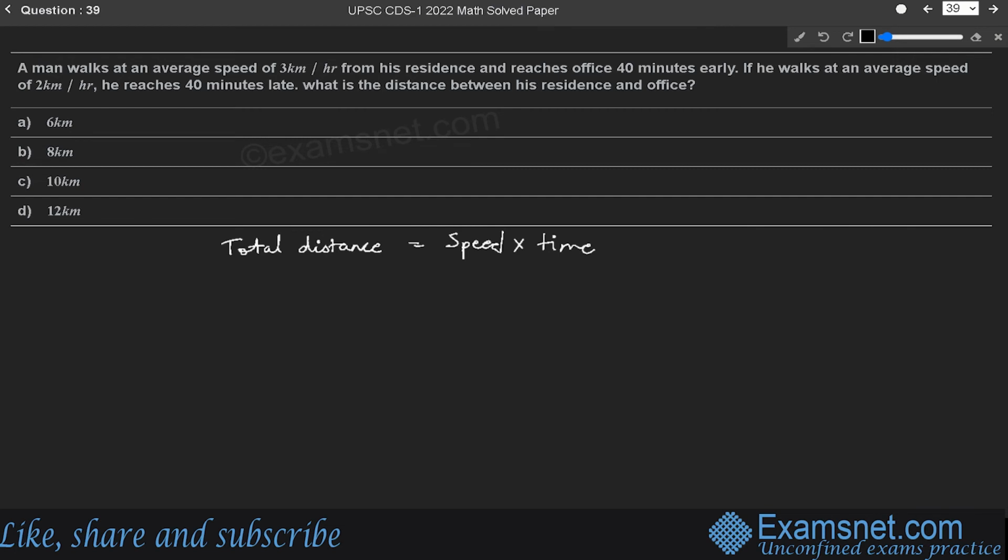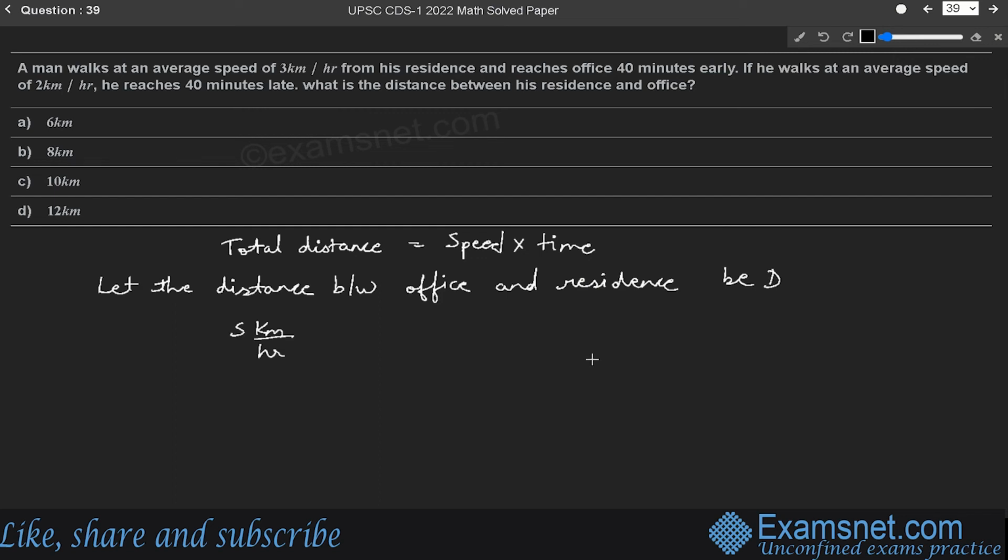And now let the distance between office and residence be d, and the usual speed will be s kilometer per hour and the usual time will be t hours.